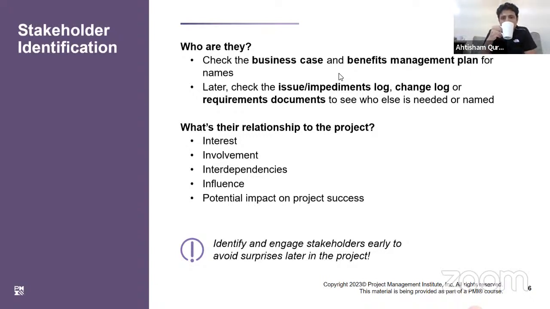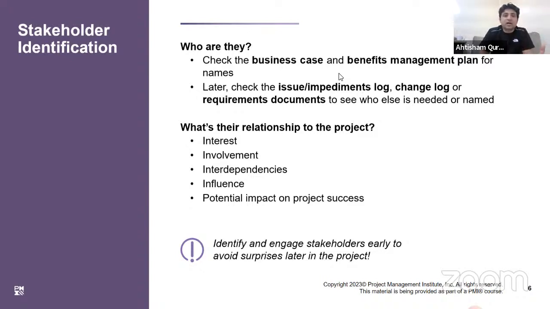And then you need to look into these documents to look for the stakeholders, to look at who are the parties which were pushing for this project. Was it the R&D department who proposed this project? Was it marketing? Was it sales? Was it a customer project?